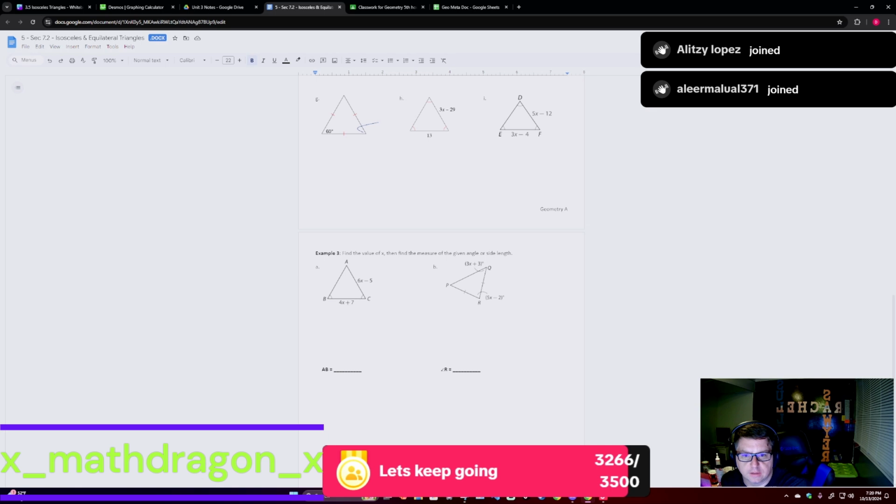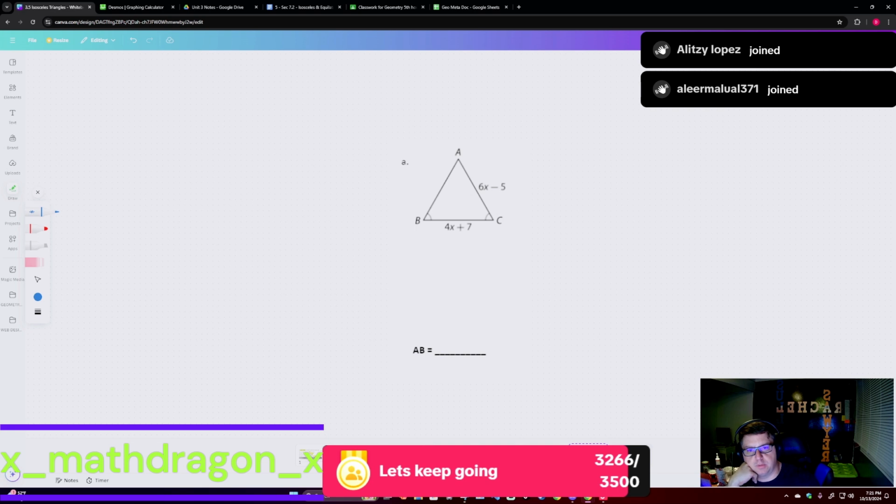Find the value of x, then find the measure of the angle or side length. Okay. Definitely can't do that one. I bet that's why there was another one on top of it. I'm going to guess this is what it's supposed to be, and not here. So we're going to play that game.